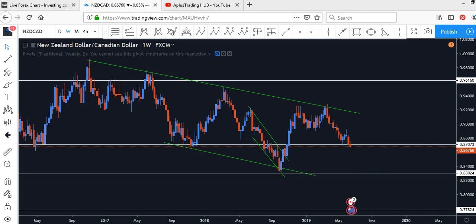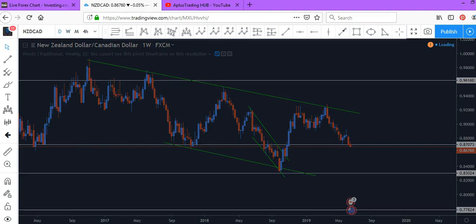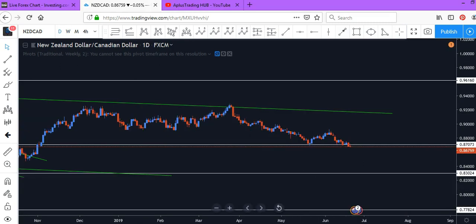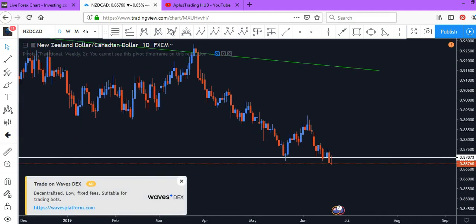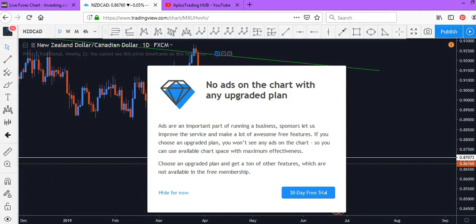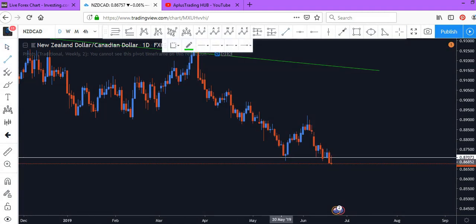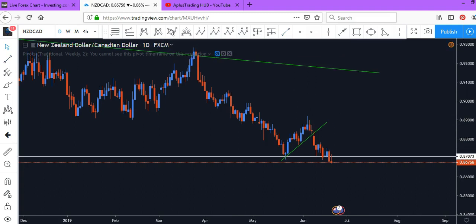So how to enter? Let's go to the daily. Oh, already we had a daily price correction here, which has been broken down. Polar pivots, and price is already below the pivot point.